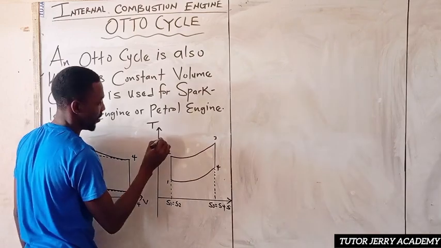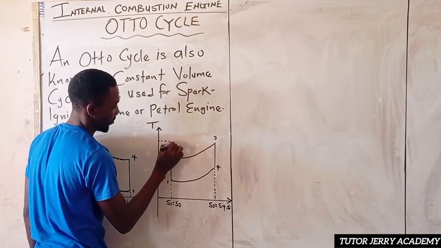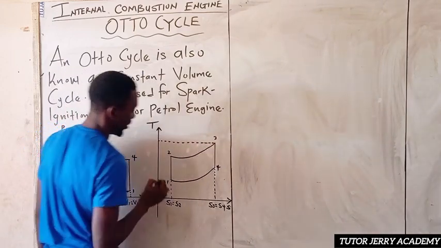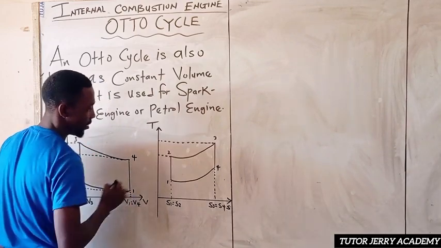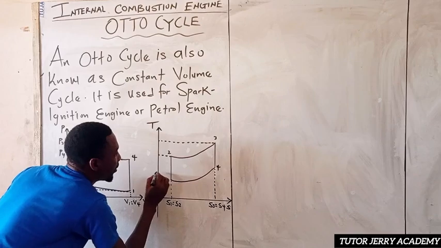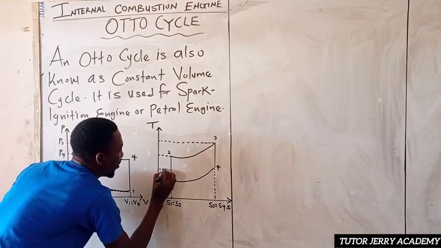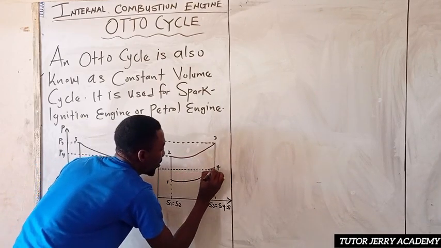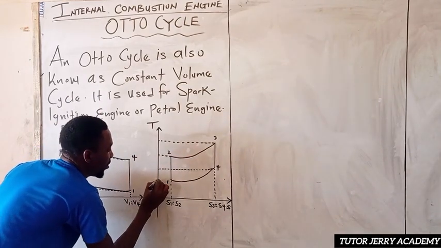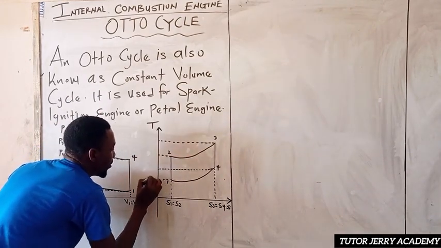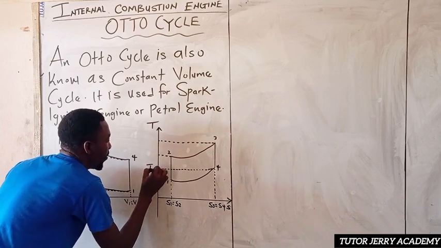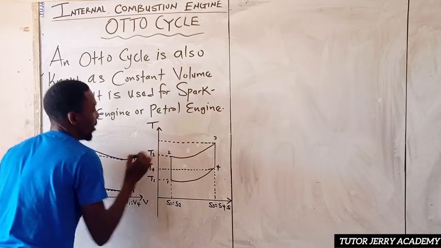So here we have our maximum temperature, followed by T2. Here we have our T4. Here we have our T1, T4, T2, and what?